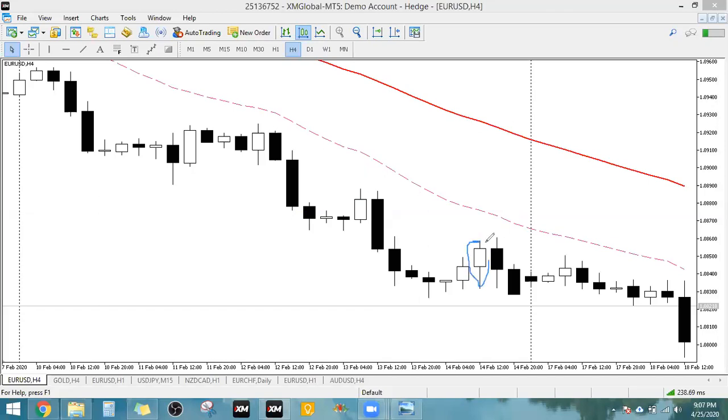Itong candlestick na to, this is the high. And then yung high niya ng next candlestick, mas mataas ng konti. Kung titignan mo yung low, wala namang halos difference. So, ang sinasabi nito is that the directional movement for this one is positive.